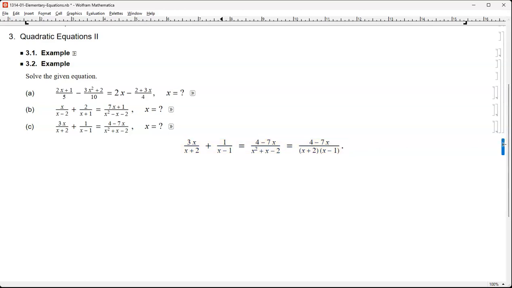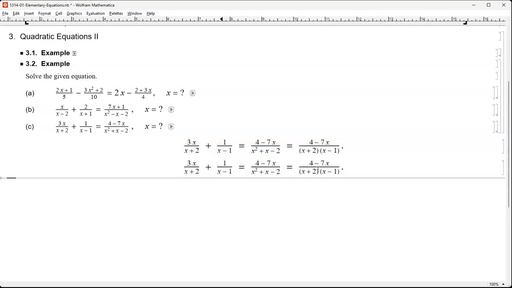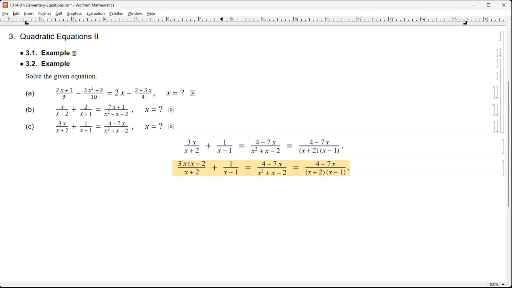Well, just multiply the LCD, and then here multiply the LCD.